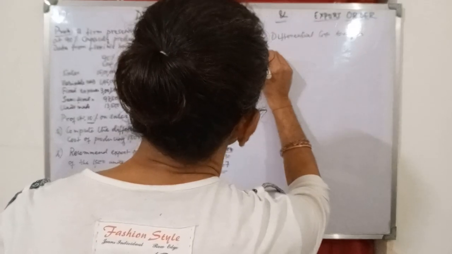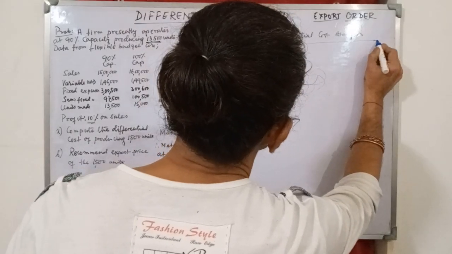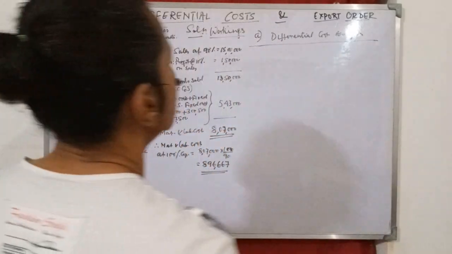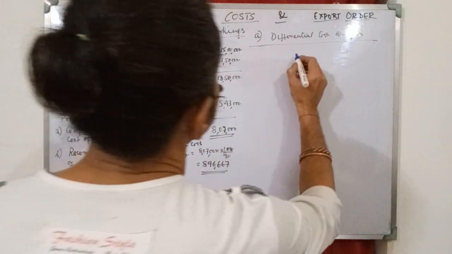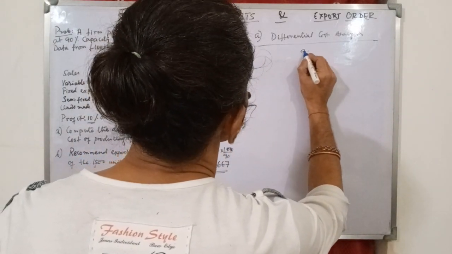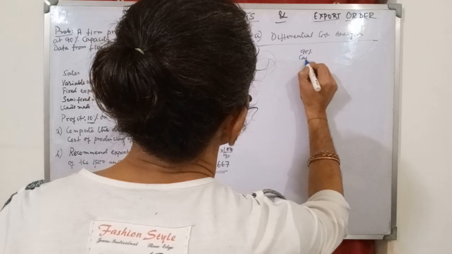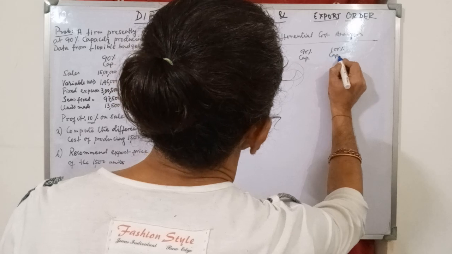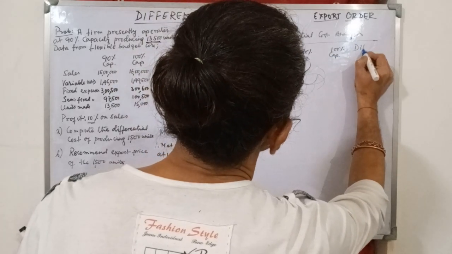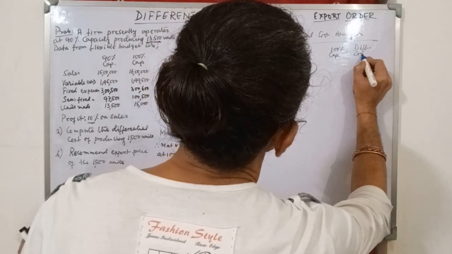As a management accountant, you have to do this while in your profession. This is 90% capacity, this is 100% capacity, and here we write differential cost.